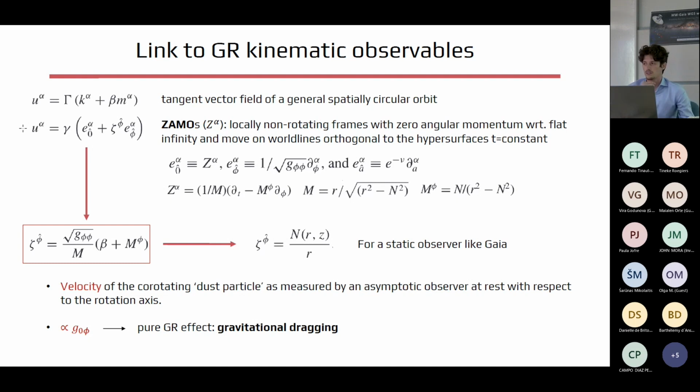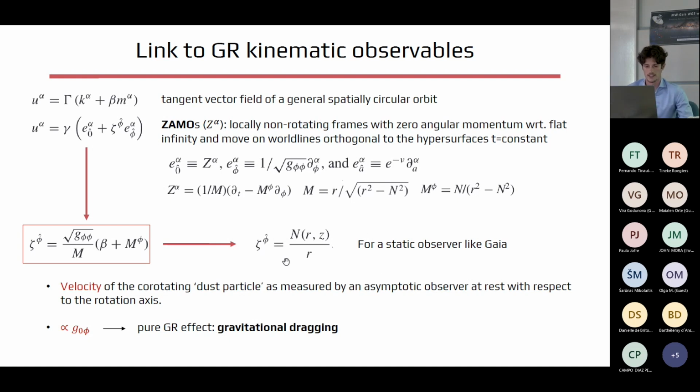A particular class of observers are ZAMOs, which are locally non-rotating frames with zero angular momentum with respect to infinity. The velocity measured by such an observer can be written in this way, and it comes down to the expression for a static observer like Gaia.